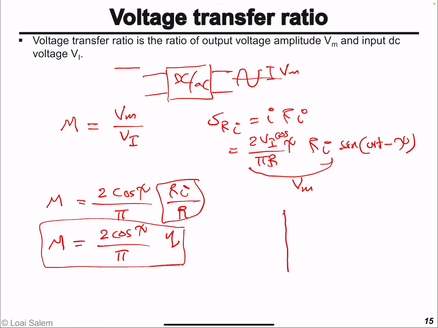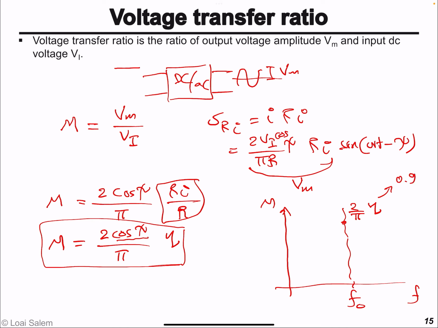if we try to plot the voltage transfer ratio versus frequency, we'll find that at resonance, the center frequency of the series resonance circuit, cosine psi is going to be 1. So we'll get a peak value that's 2 over pi multiplied by the efficiency. And the efficiency, we said, is typically larger than 90%, so larger than 0.9.